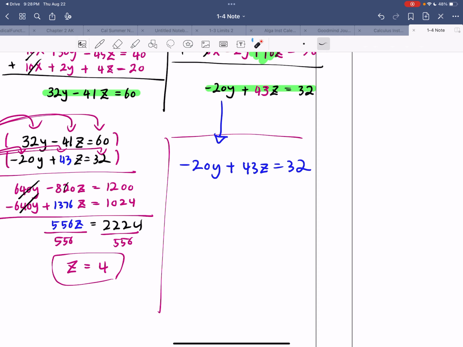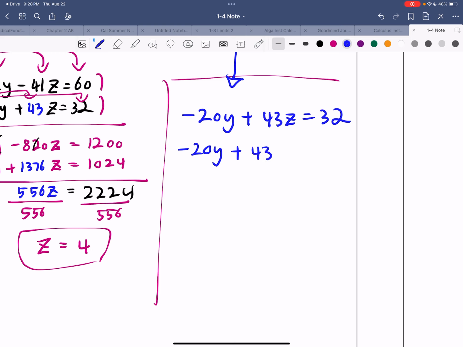So let's do this. Negative 20y plus 43, but instead of z, I'm going to substitute 4 because that's what we found here. That is equal to 32. What's 43 times 4? I don't know, so let's do it. 43 times 4.